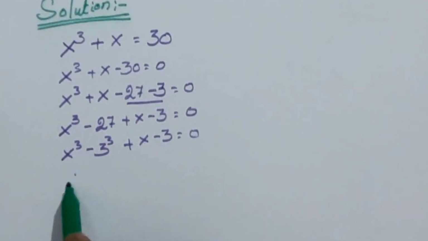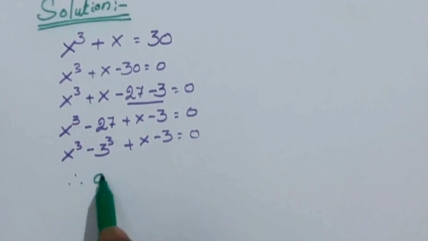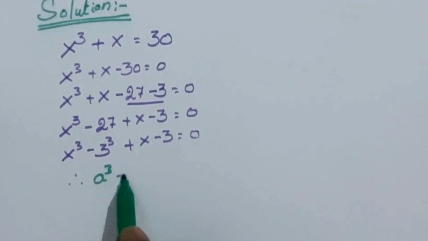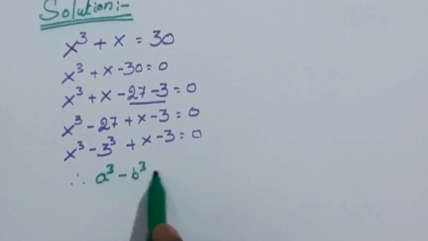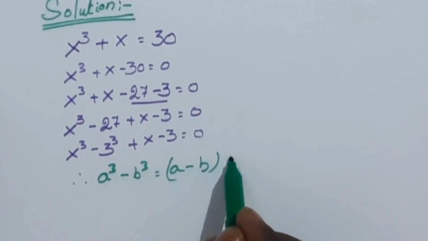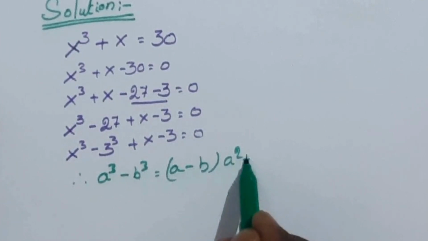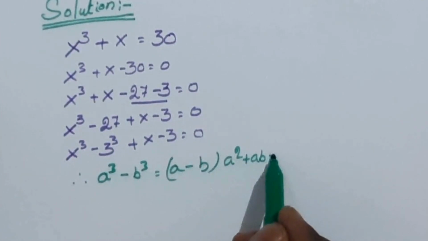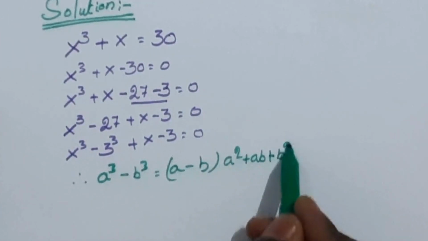Now we know that a cube minus b cube equals (a - b)(a square + ab + b square).